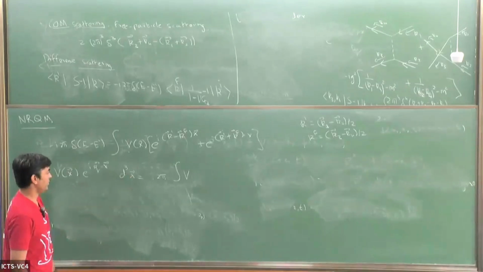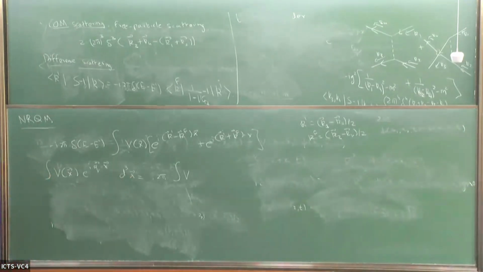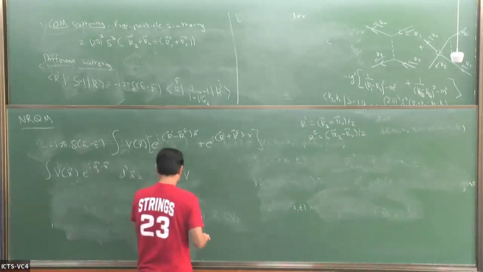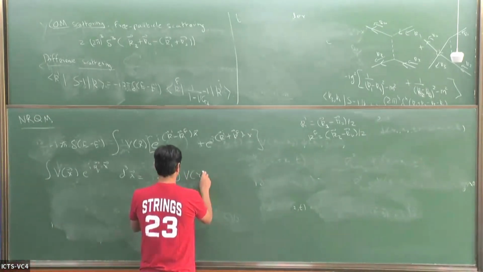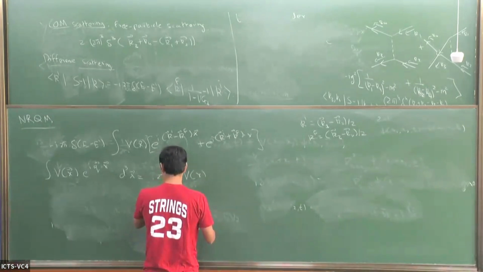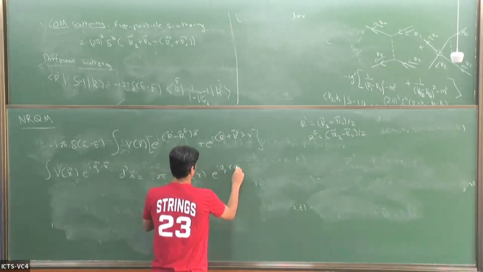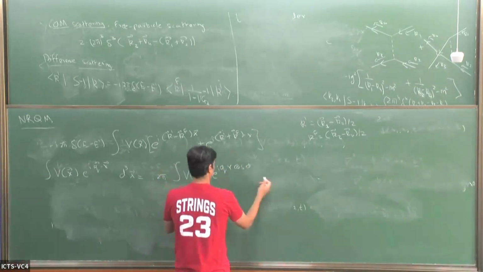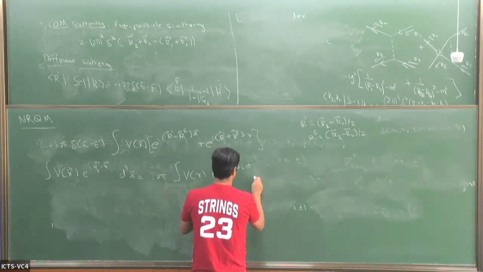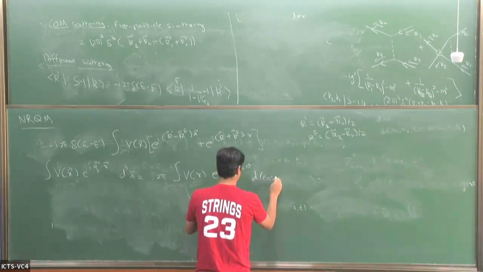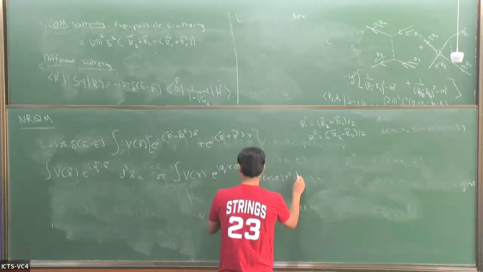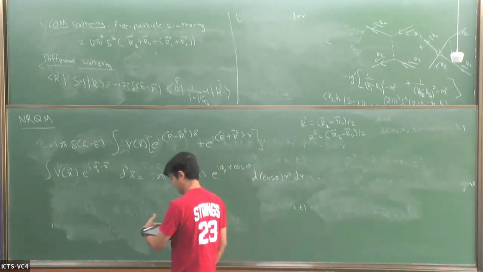I just want to explain what happens here so that we can match correctly. So this looks like the integral of V(r) e^{iqr cosθ} d(cosθ) r² dr.